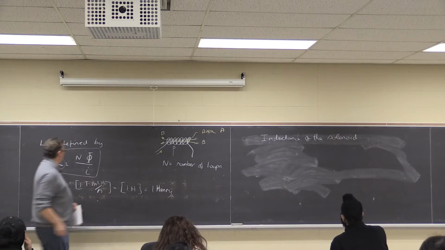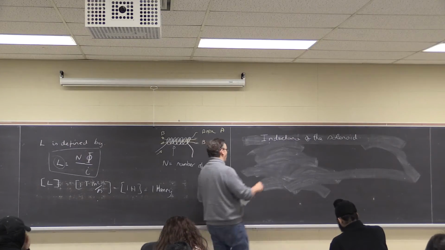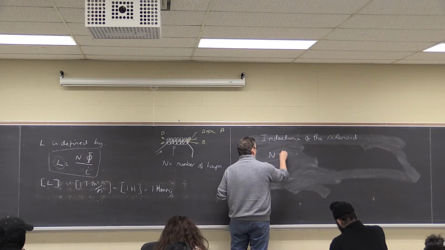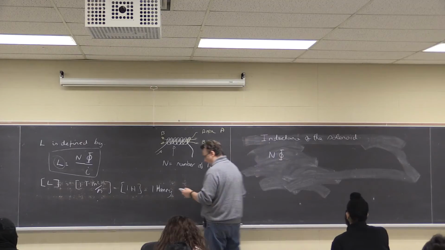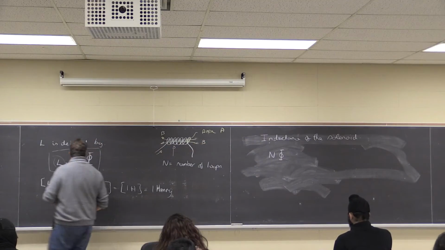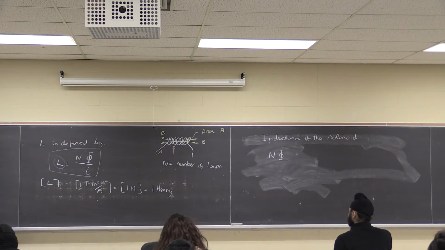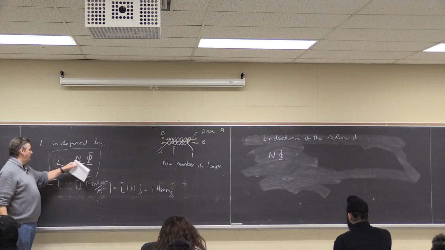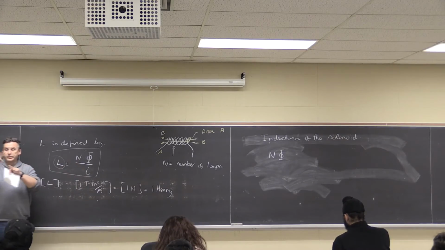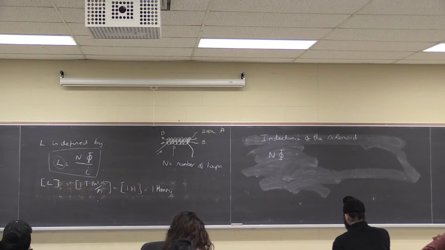Well, let's start with this equation. Let's write it in a slightly different format. We'll just say n times the flux. Okay, so n is the number of turns. So if I go along and count them 1, 2, 3, 4, 5, up to 25,000, that's the number of turns.